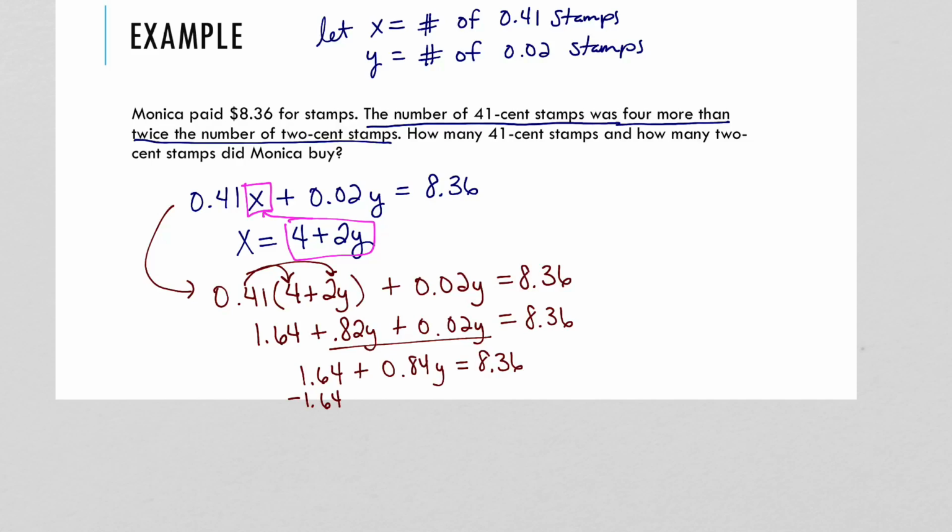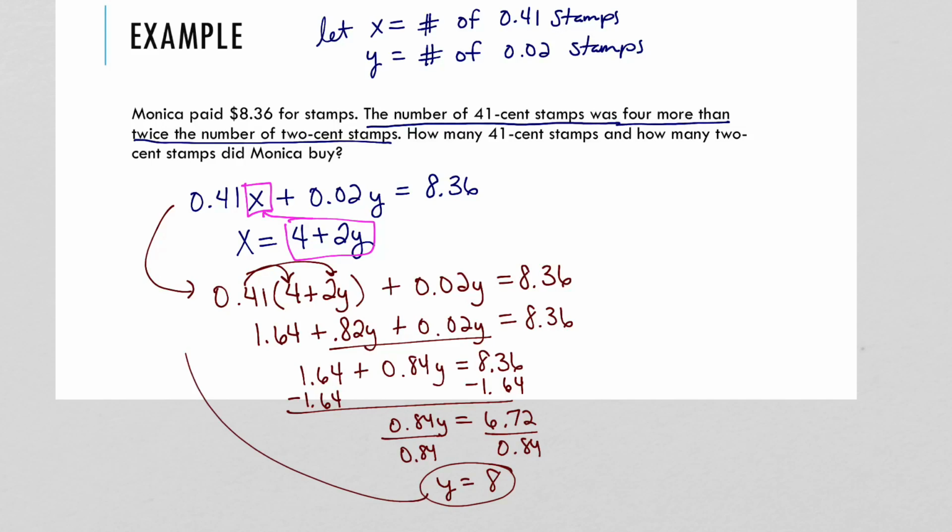Subtract $1.64 from both sides. And divide by 84 cents. And I get that y is equal to 8. That means there were 8 2-cent stamps.